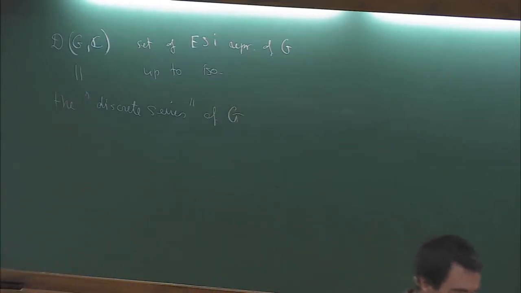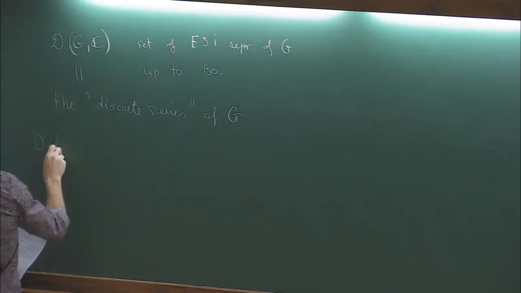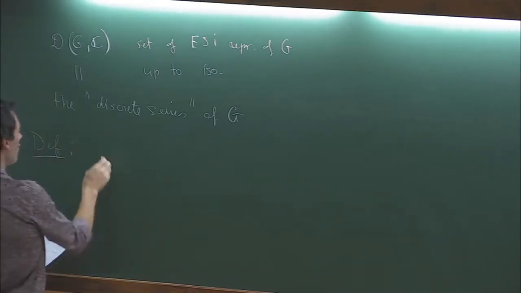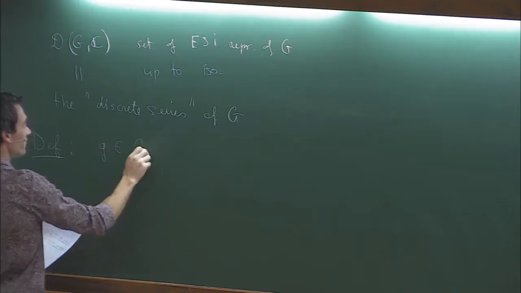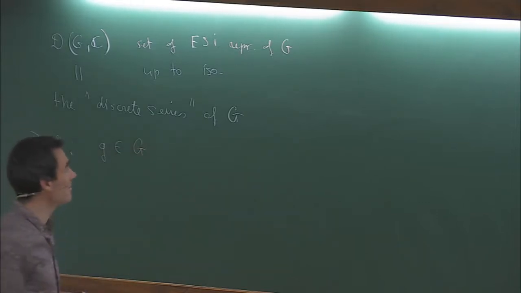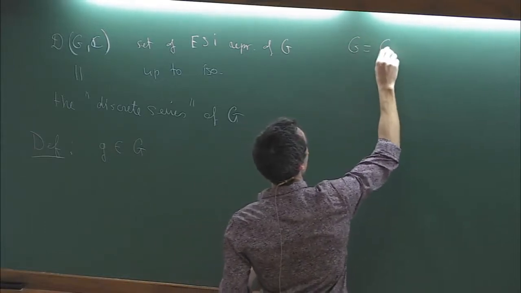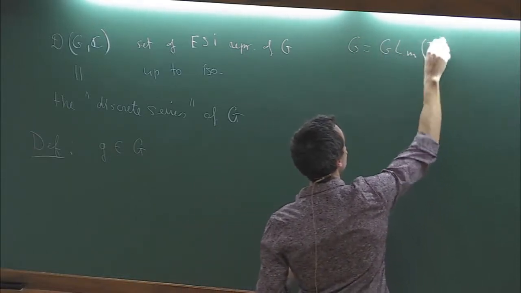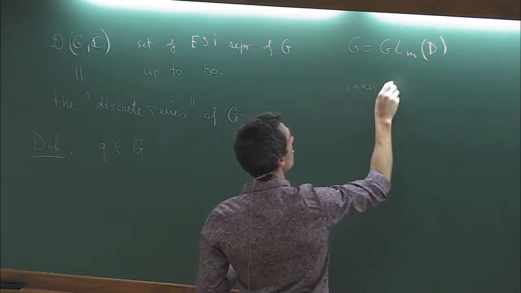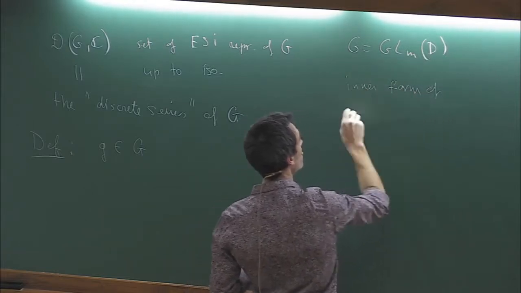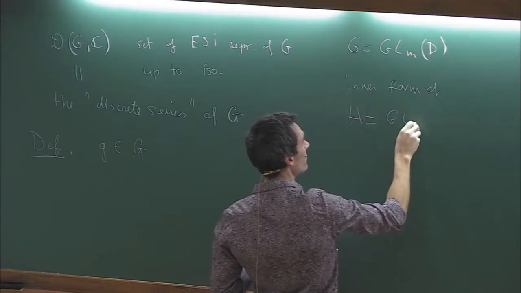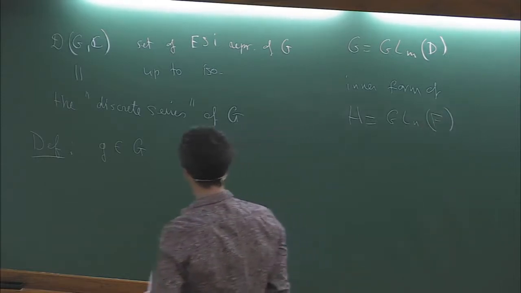Okay, so what is the Jacquet-Langlands correspondence? I need another definition. Remember that G is an inner form of GL_n(F).